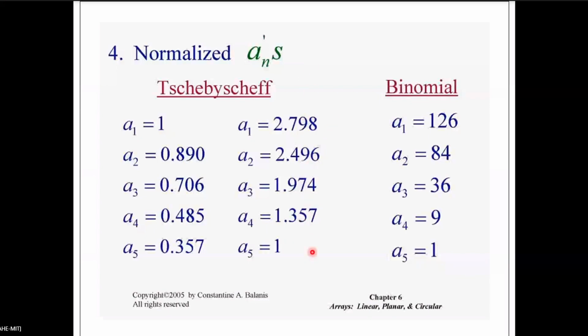Okay, see here. Note down: design a 3 element, minus 40 dB side lobe level Chebyshev array of isotropic sources placed symmetrically about the z-axis.